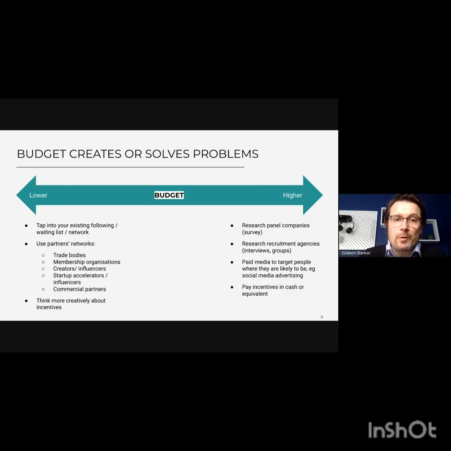But it's not impossible. I worked with someone recently who was targeting a very particular audience. She was looking for people in a B2B space who were responsible for commissioning consultants in the sustainability space.